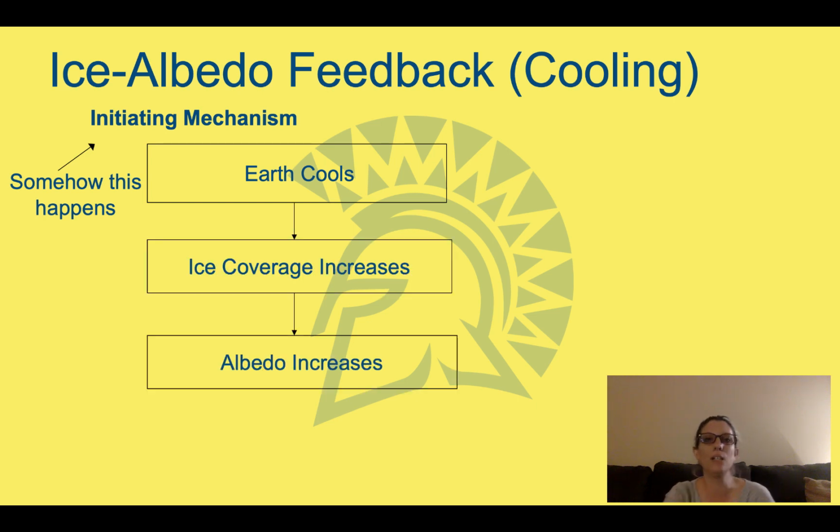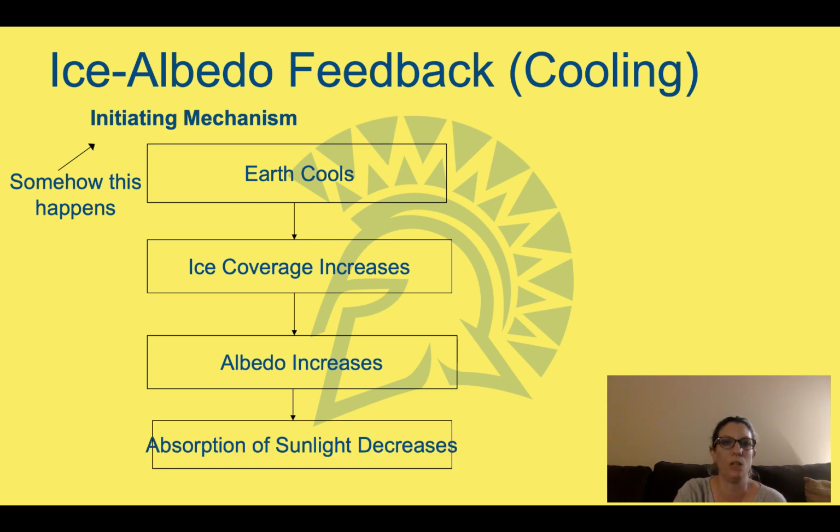Because the Earth is cooling, it's going to cause the ice coverage to increase, whether through snow or more ice at the poles or over the ocean. That's going to lead to the albedo increasing, which is going to cause more of that solar radiation to be reflected instead of absorbed.